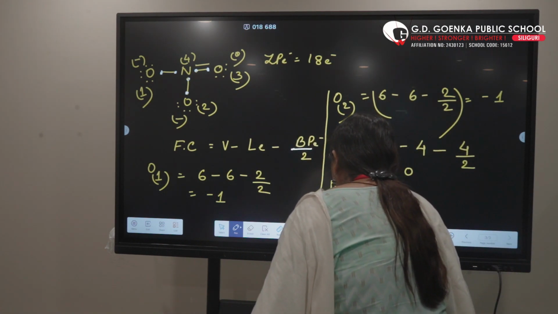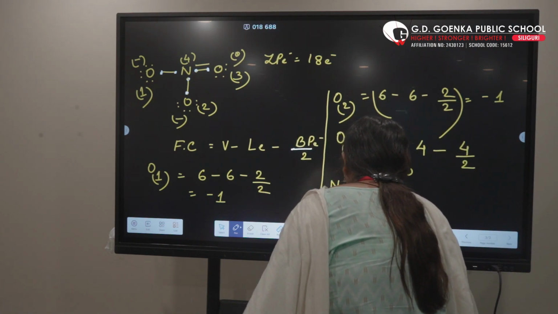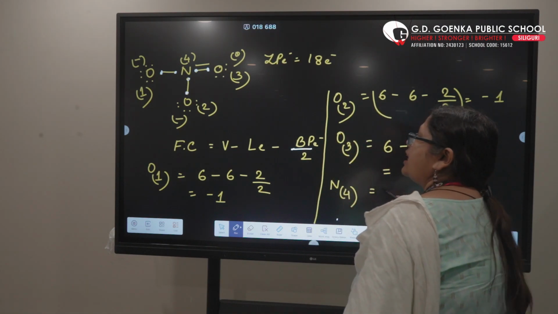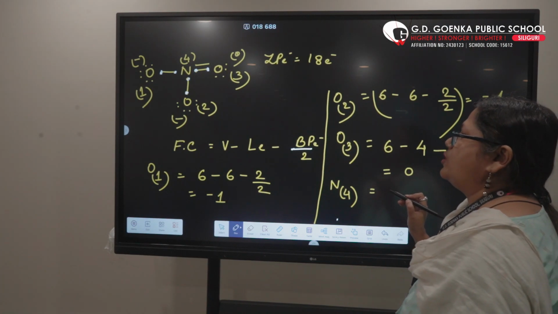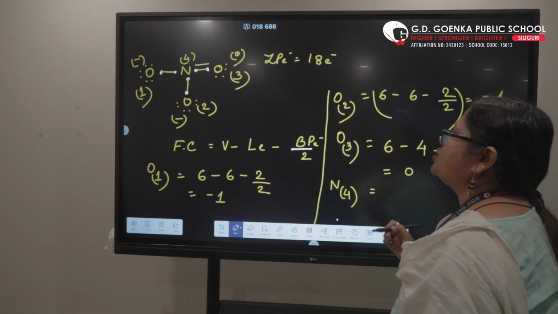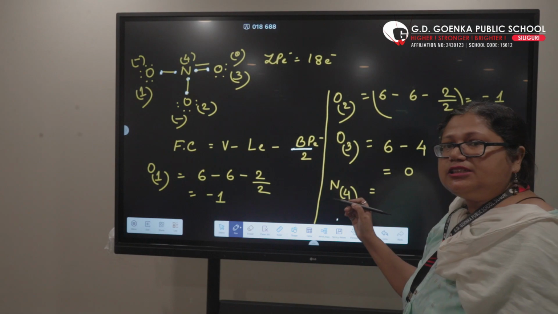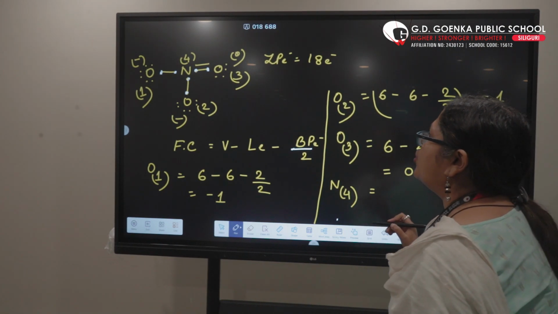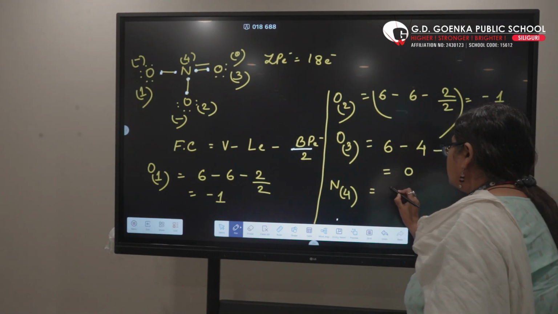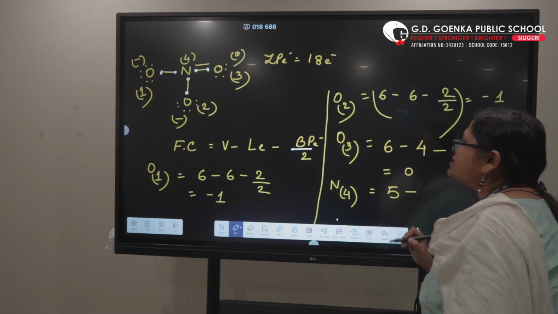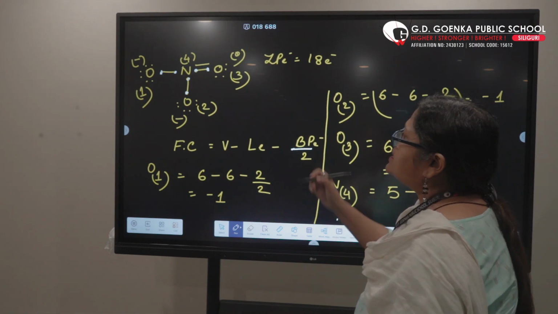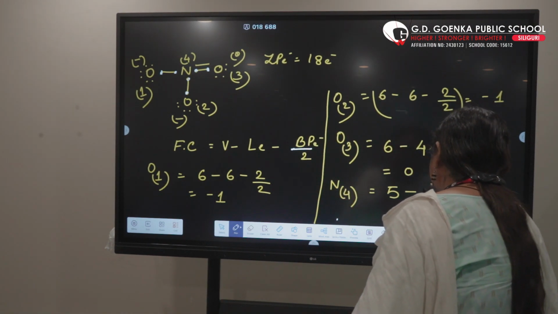Now next we come to nitrogen. See, nitrogen is surrounded by 4 bonds. So what should be its charge? Let us calculate it from the formal charge formula. So valence electrons of nitrogen is 5 minus lone pair of electrons. Does it carry any lone pair? No, it doesn't carry any lone pair.